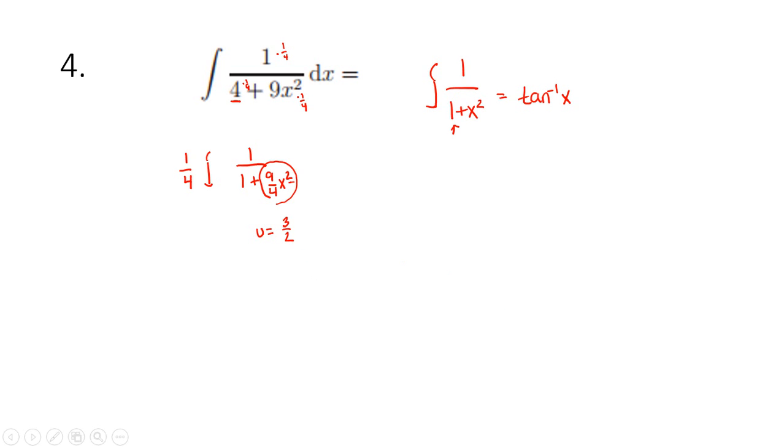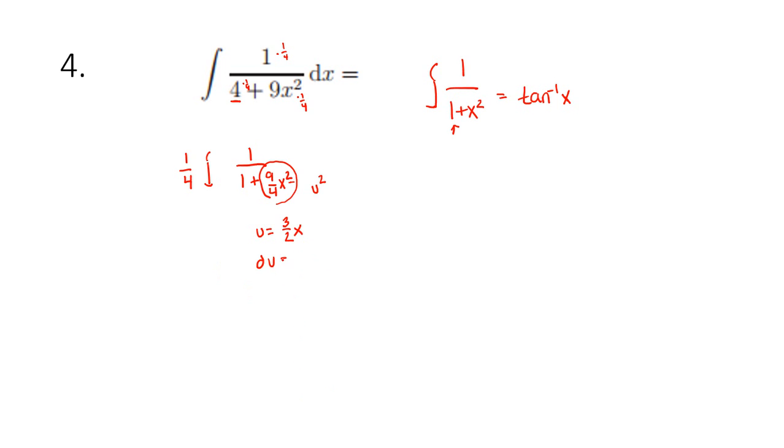The reason why is because 3 over 2 times 3 over 2, which is squaring it, would be 9 over 4. So that takes care of the squaring part of it. That way I can just write u squared when I'm finished for my next step.